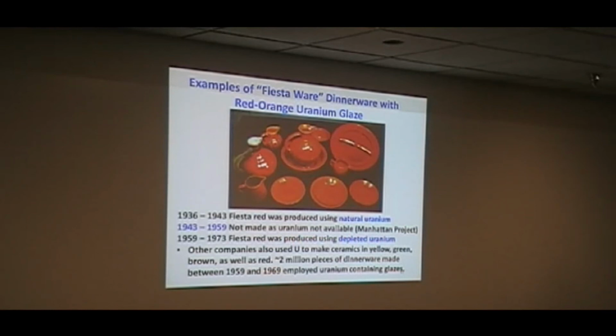The 238 isotope is what it was. Again, the chemistry didn't matter. The color didn't care whether it was 235 or 238. It gave you the same color. And in the ten or so years, they made 2 million pieces. This stuff is everywhere. Go to antique stores. You can find it.